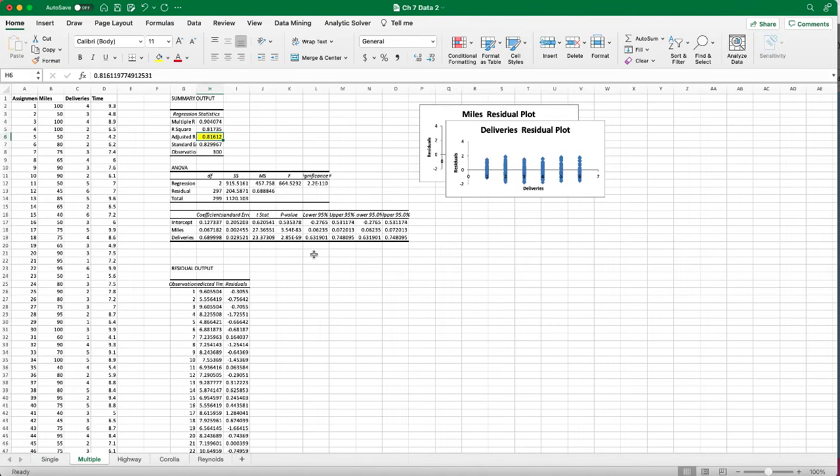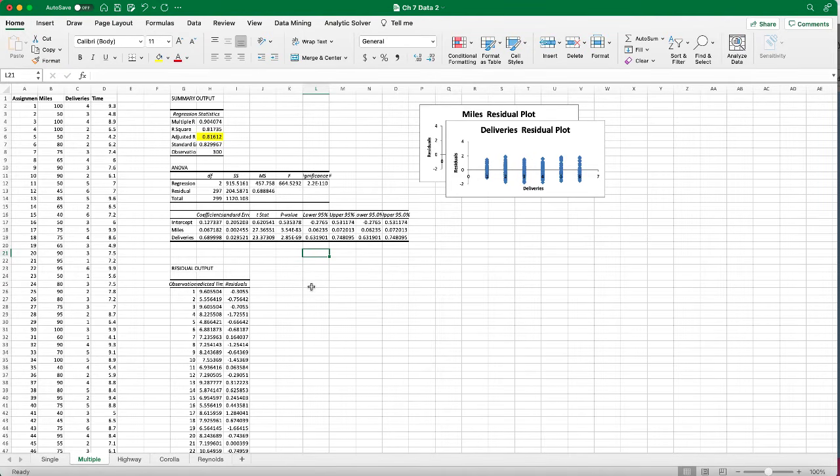Next we can output an equation for this multiple linear regression because we have the coefficients here. In the coefficients, we have the intercept, the coefficient for the miles and the coefficient for the deliveries.